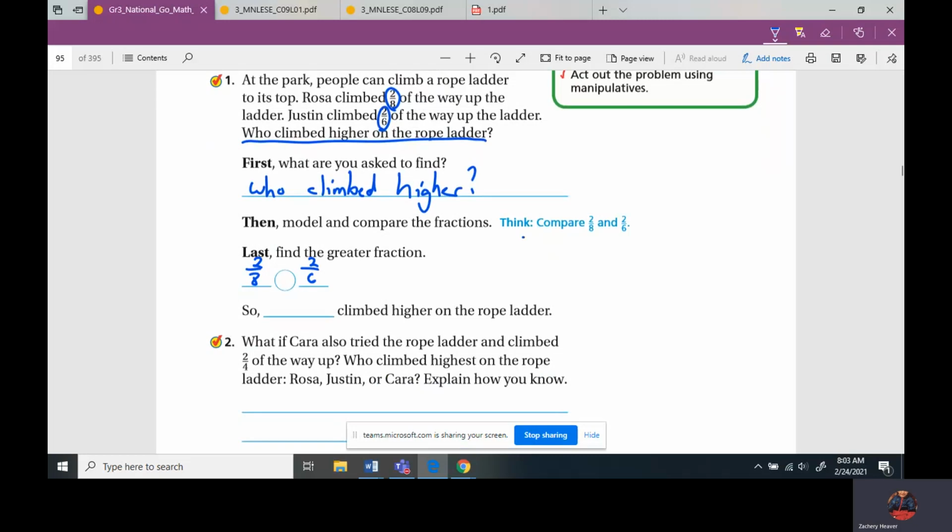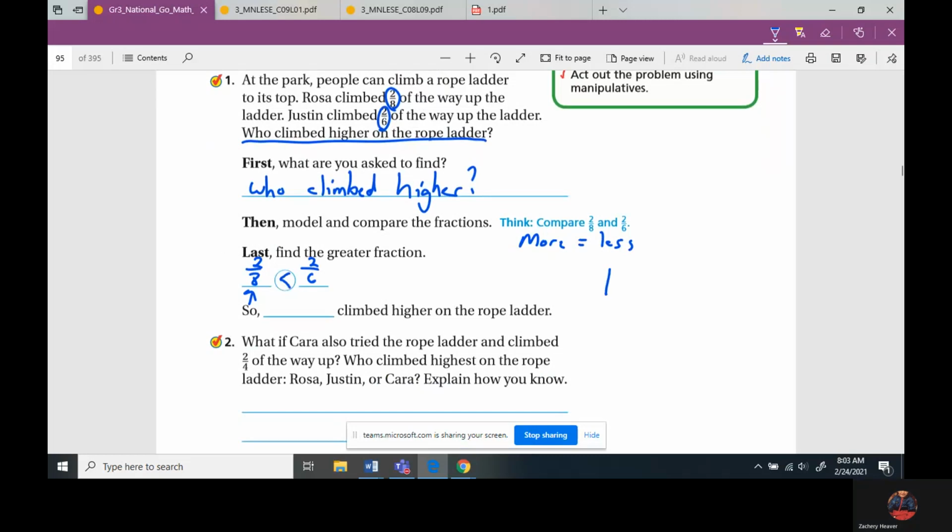Remember, more pieces equals less. Which one has more pieces, 8 pieces or 6 pieces? You should say 8. So these pieces are going to be smaller than these pieces. You have 2 pieces for each, but this one is going to be less than.